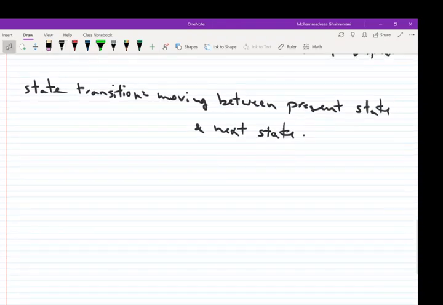Okay, so these are the different states and definitions for sequential circuits.